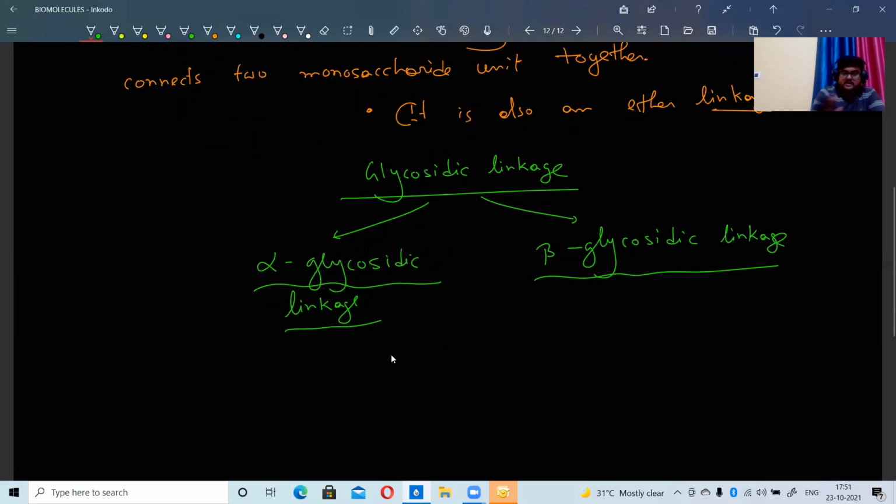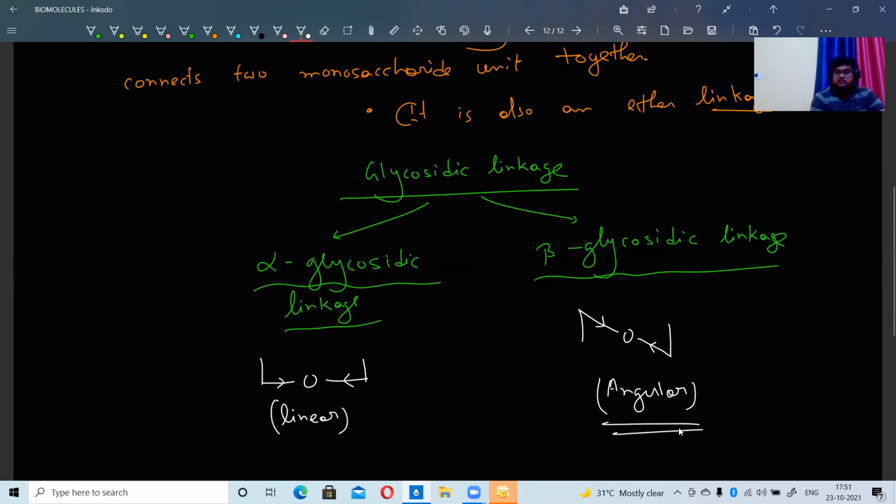Alpha glycosidic linkage looks this way: basically the oxygen makes a linear connection. In the beta glycosidic linkage case, the angular connection takes place. Angular connection means it looks this way.